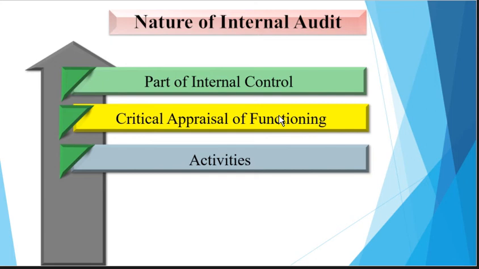Non-accounting areas, that is, the operational side of the enterprise, are critically studied, analyzed and weaknesses of the system are brought to the notice of the management. Suggestions for increasing the effectiveness of the system, for improving the productivity and profitability of business practices are offered in the activities.